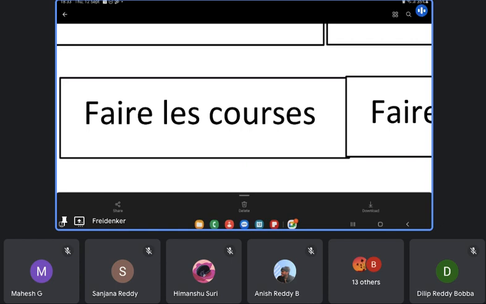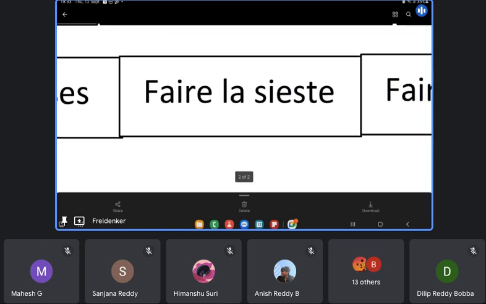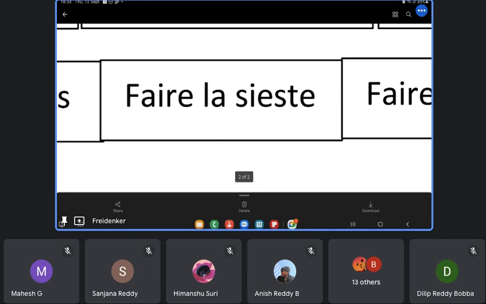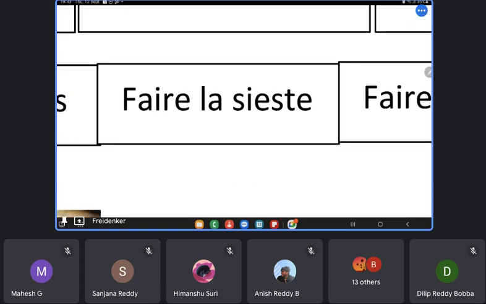All of those are different. This is different. How do we remember? You just have to look at the examples given here. This worksheet. You won't get more than this. Faire la sieste means to take a nap. So to do the nap, to make the nap. Basically to take a nap.